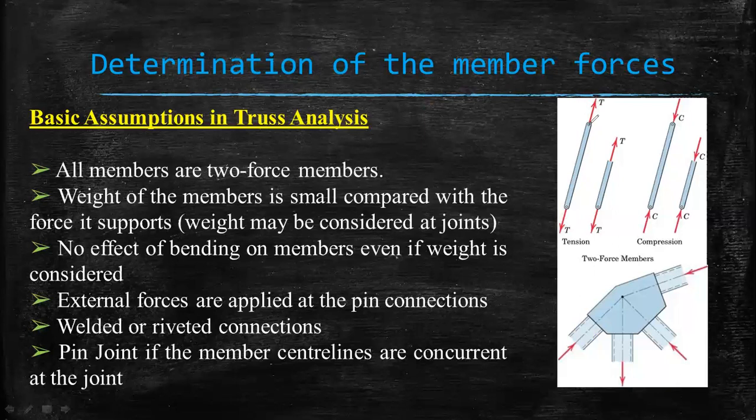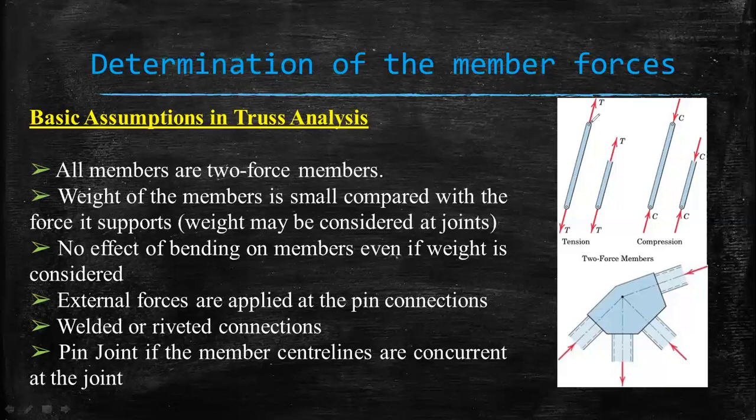So when we are allowing rotation, no moment will be developed at any particular joint. There will be no resisting moment. And if no moment is developed at this point, then there will be only forces, either vertical forces or horizontal forces, and ultimately their components will be there.